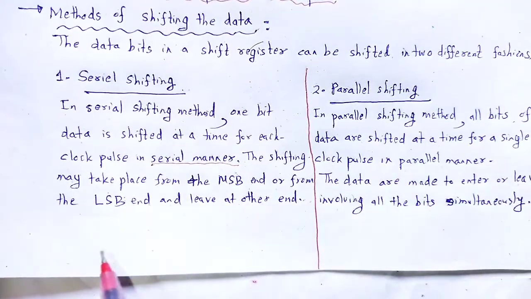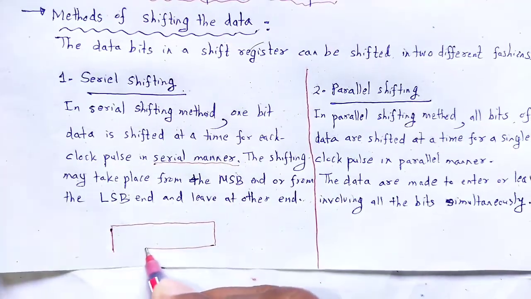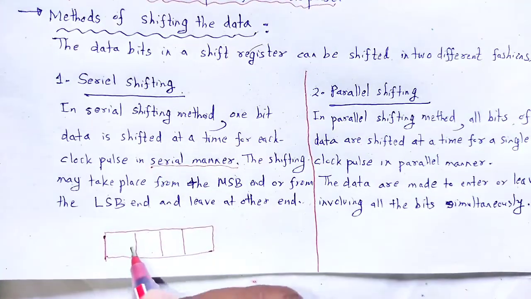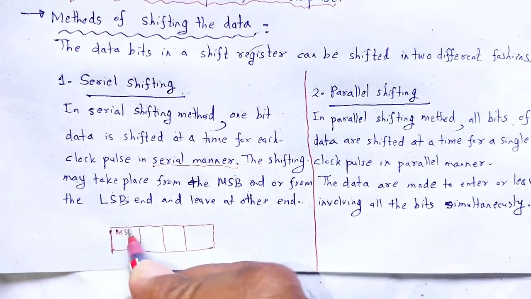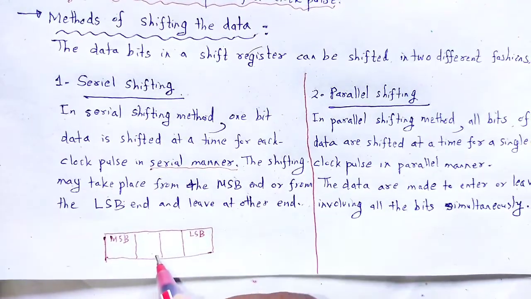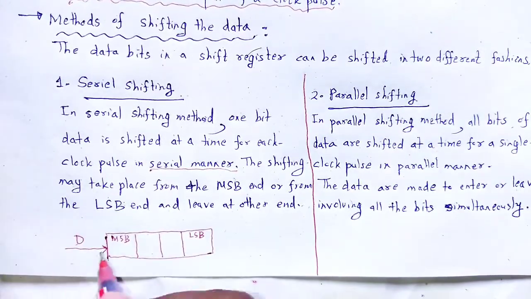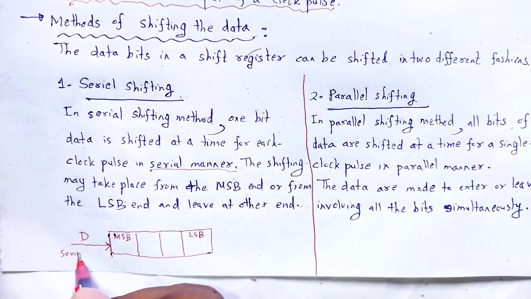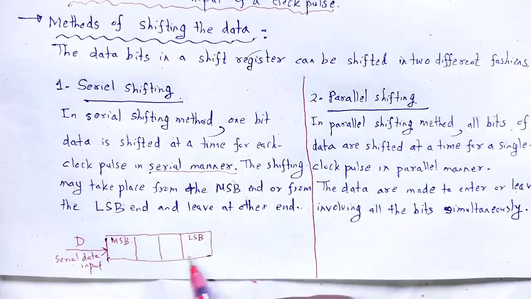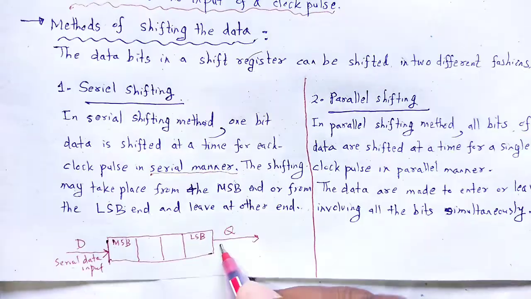As we take up to 4 bits, here is the most significant bit end and here the least significant bit end. This is the serial data input, and here we obtain the serial data output.